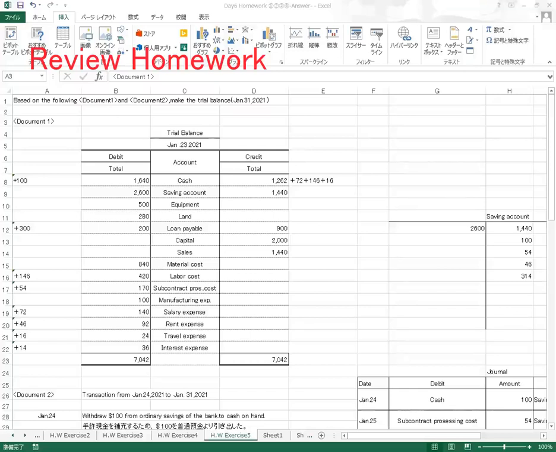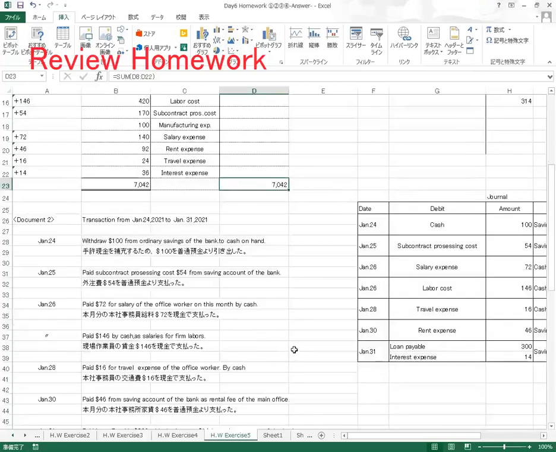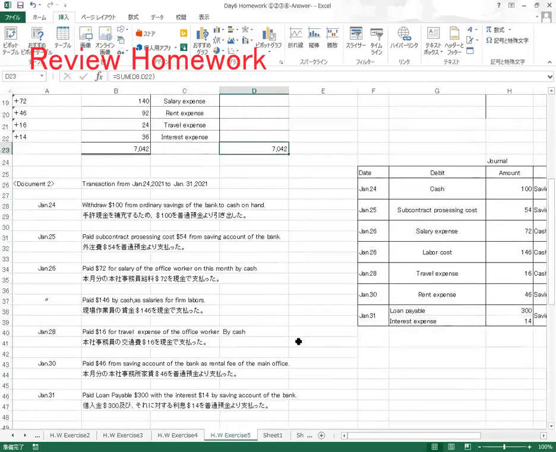Yes, first you should do a journal entry for each day or each transaction. You see the 23rd trial balance has the same amount of debit and credit. So till the 23rd, the bookkeeping is right. Correct.